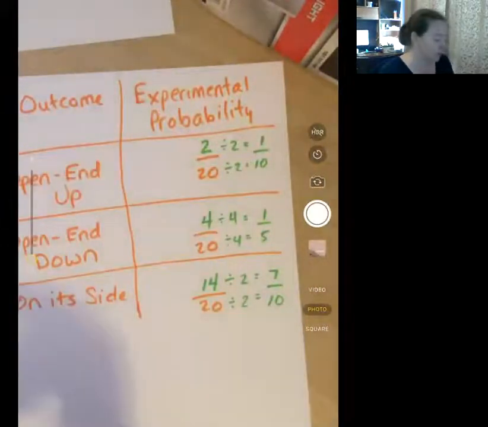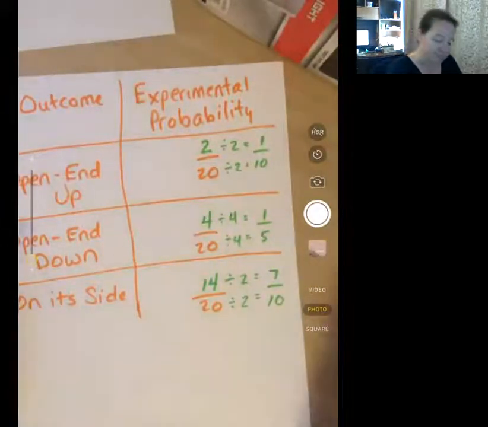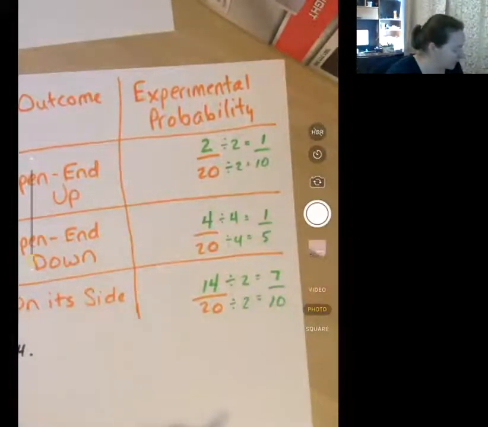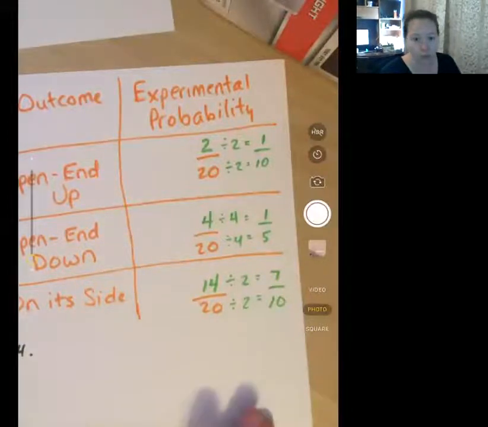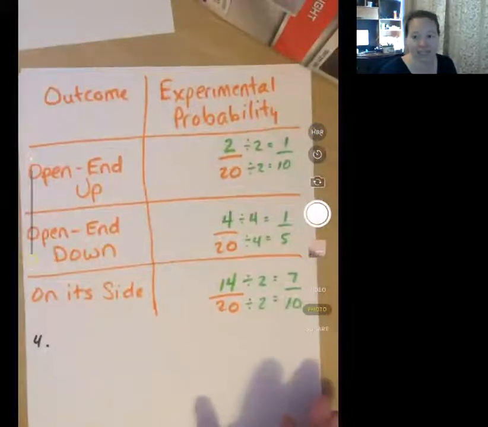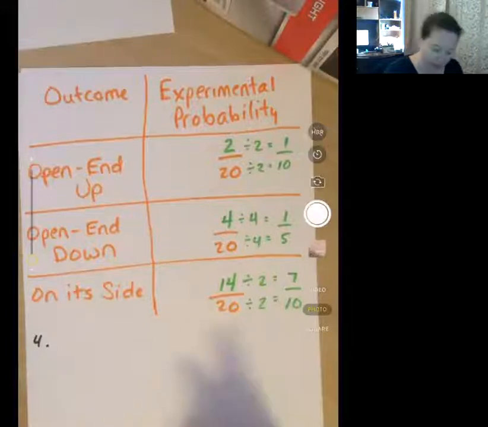So let's go over to the side. Number 4 says, what do you think would happen if you performed more trials? Well, obviously, it would land on its side a lot more.